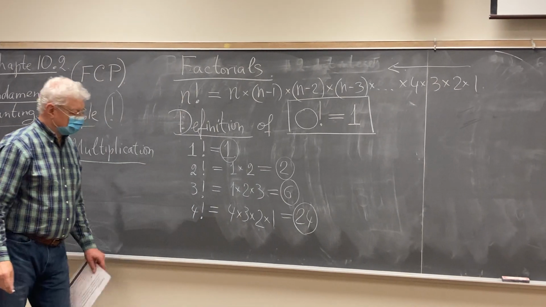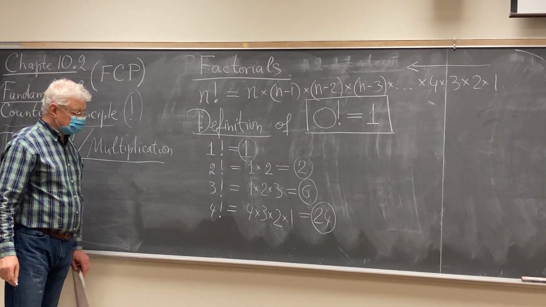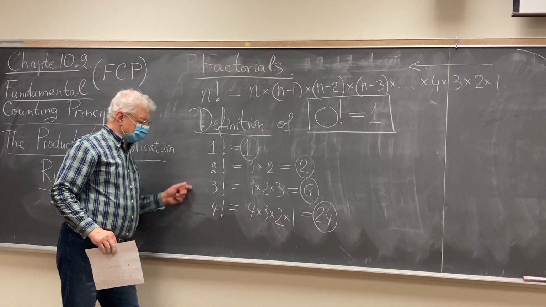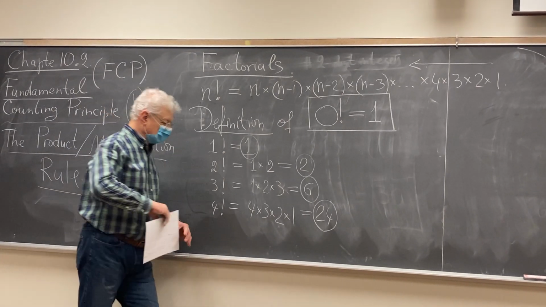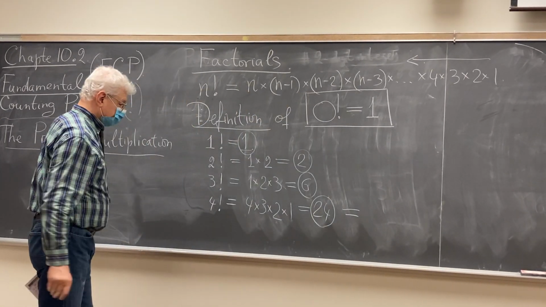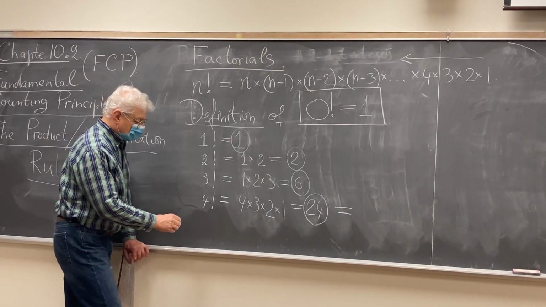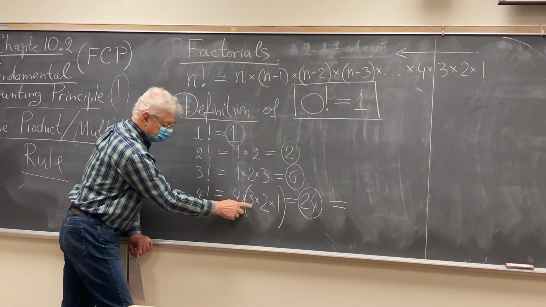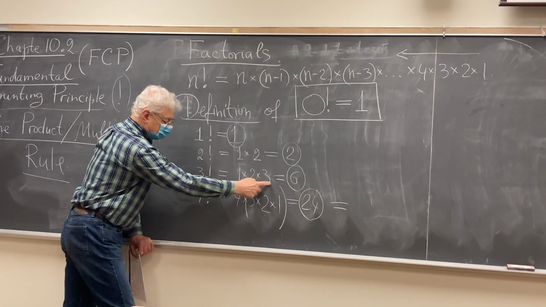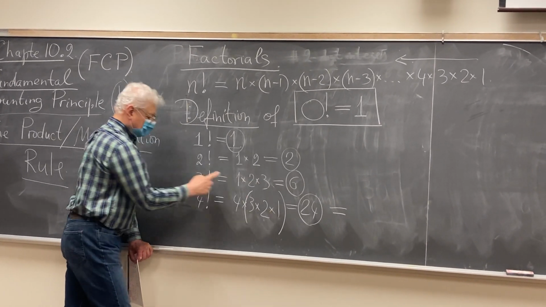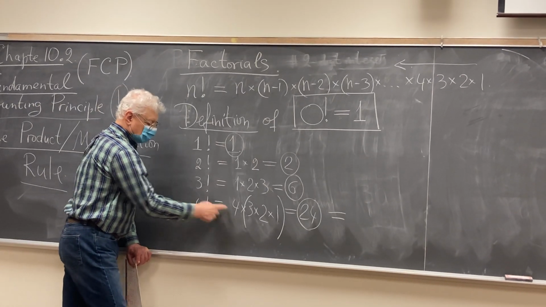Let me notice here immediately that 4 factorial can be obtained from 3 factorial as follows. If you write parentheses here, you will see 3 factorial here. 3 times 2 times 1, 1 times 2 times 3. 3 times 2 times 1 is 3 factorial, and then we multiply by 4.